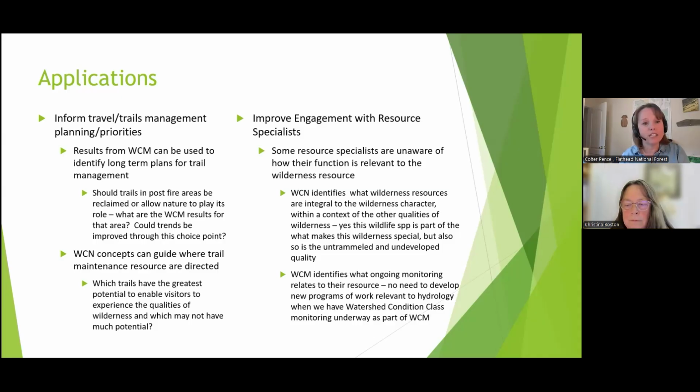Our fisheries and hydrology staff have become concerned about one element of our fisheries resource here and felt that they wanted to start up a new monitoring element related to that. And we pointed out, timeout. We do have some things going on already with wilderness character monitoring, and that is our watershed condition class monitoring that's required as a part of our wilderness character monitoring. And they realized, you know what, that is actually satisfactory. We will rely on that data and not stand up something new.